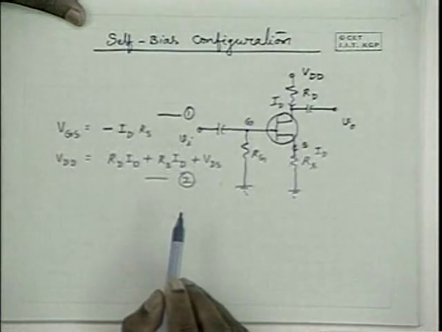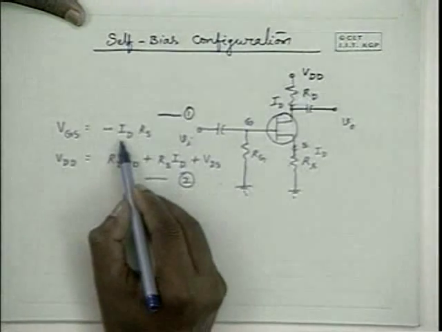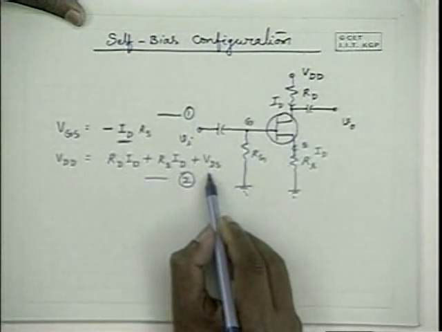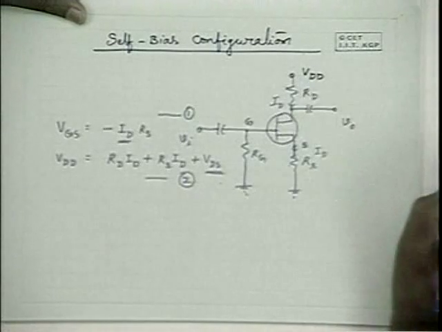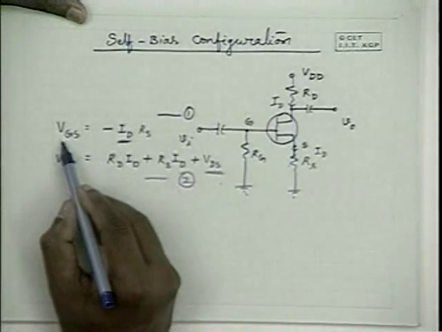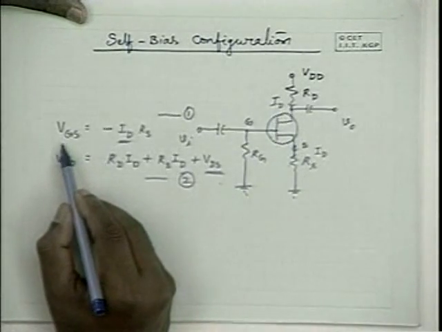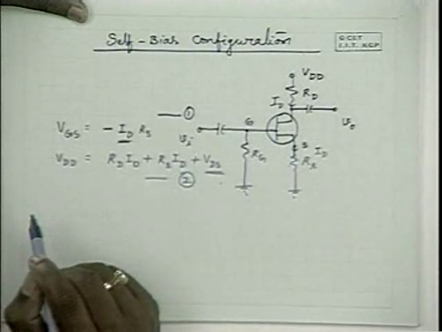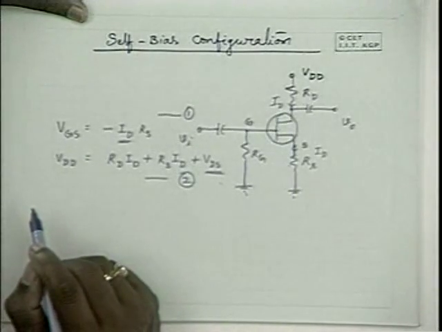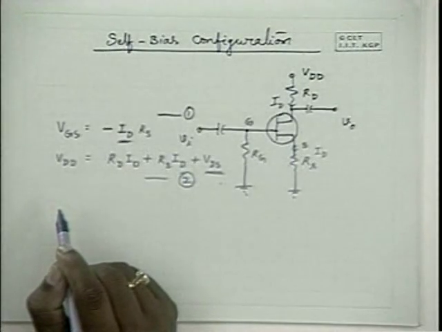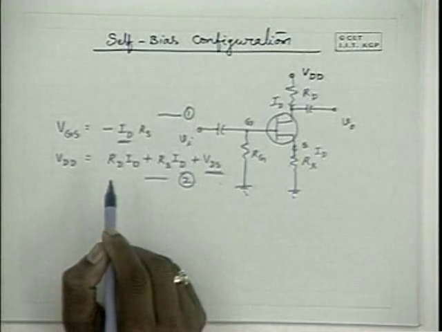And what are the unknowns here? ID is one unknown and VDS is the other unknown. That means VGS should be known for that particular ID. Otherwise, there is no way we can solve these two equations.